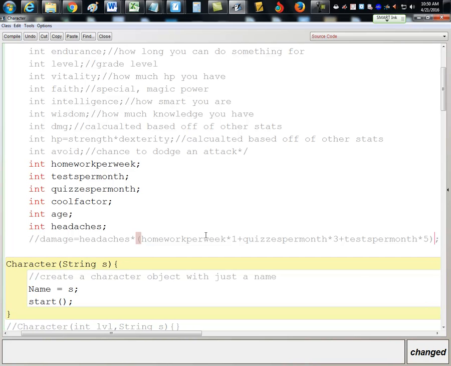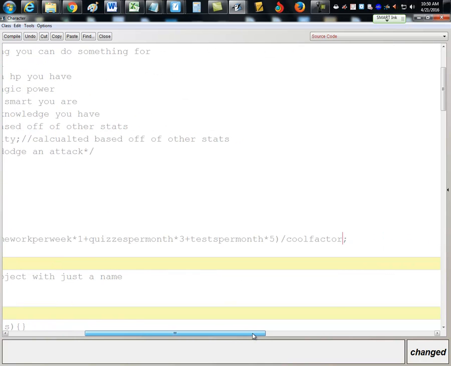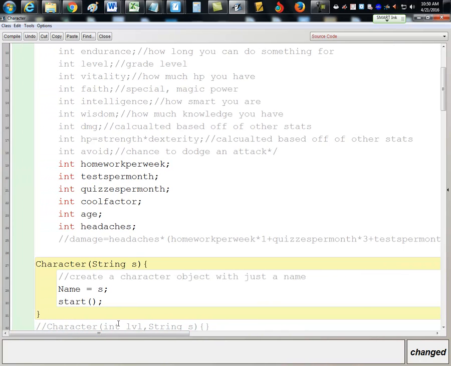And I would divide this whole thing by cool factor, and that would be how much damage the person does. That could be your game.